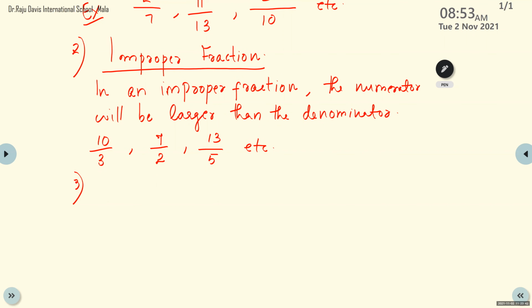There will be a whole number and a proper fraction. A mixed fraction is a combination of a whole number and a proper fraction.